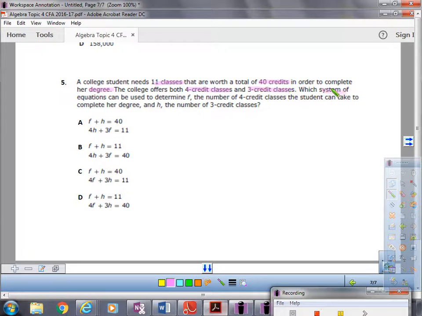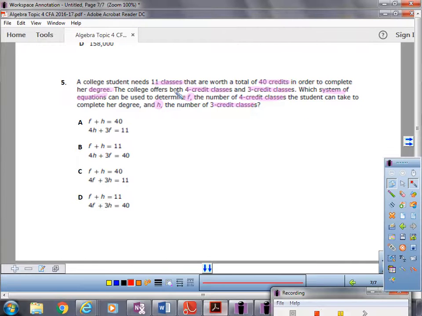Which system of equations can be used to determine F, the number of 4 credit classes the student can take to complete her degree, and H, the number of 3 credit classes? So again, they give you the variables and what they represent. F are the 4 credit classes. So 4 and F should be together, plus H is referring to the 3 credit classes. So 3 and H should be together.